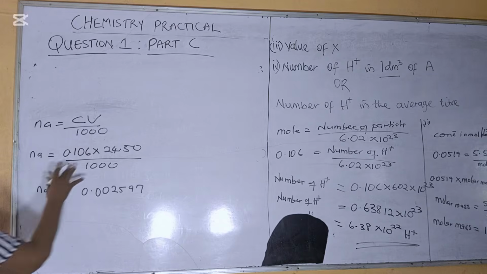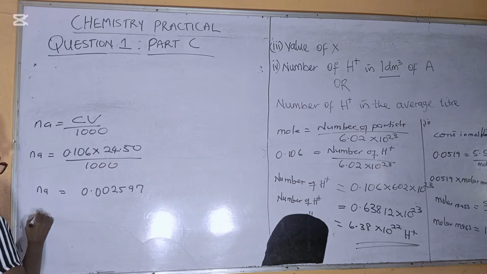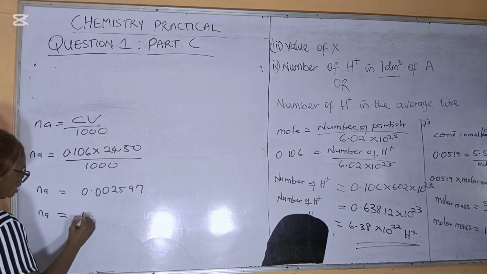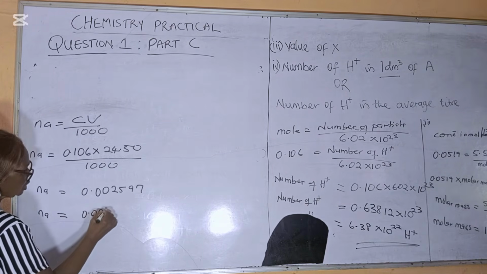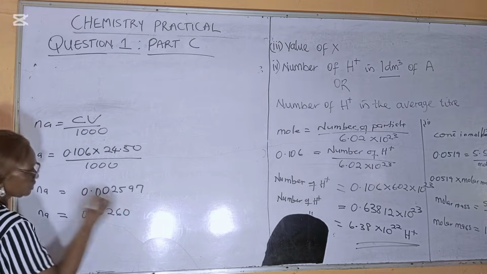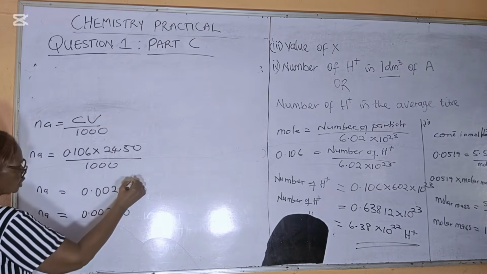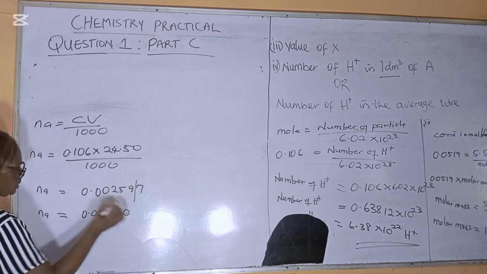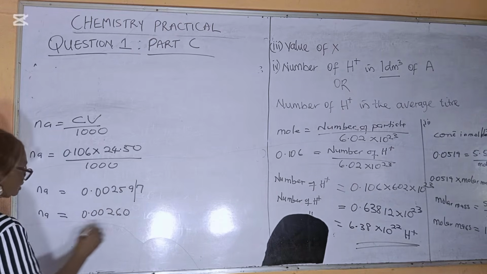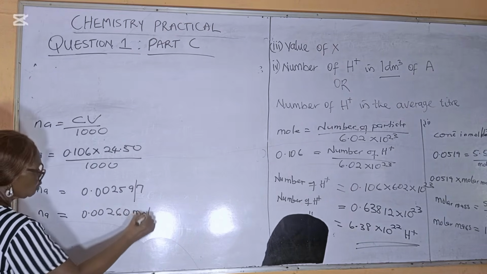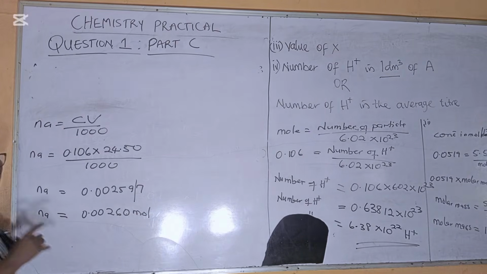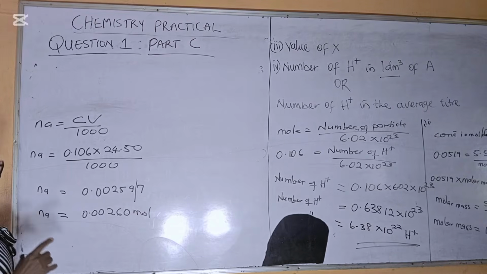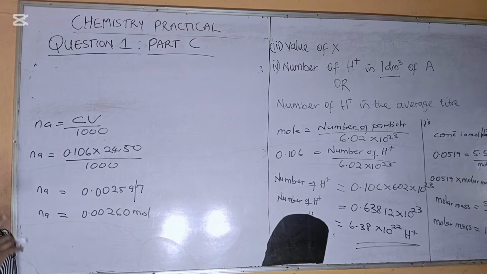So when you evaluate, you approximate to three significant figures. 0.00260. That's it. So that's the amount in mole of A in the average titer.